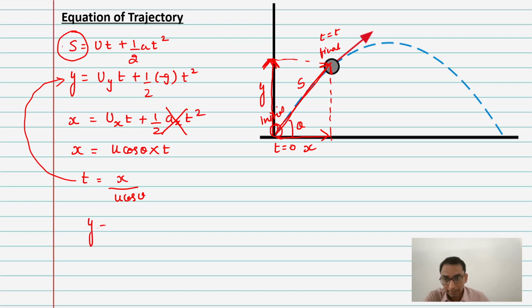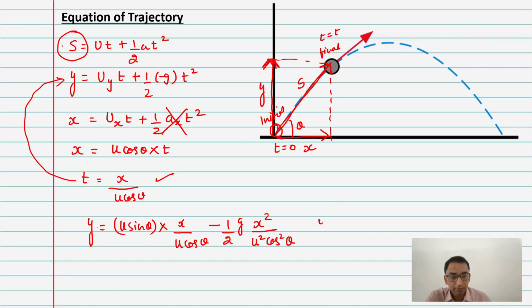So now y is equal to uy, that is u sine theta, times t, this is the value that I'm going to substitute, x upon u cos theta, then minus half g, and instead of t I'm going to use x square upon u square cos square theta, which means y is equal to, u getting cancelled, sine upon cos is tan theta, times x minus half g upon u square cos square theta times x square.